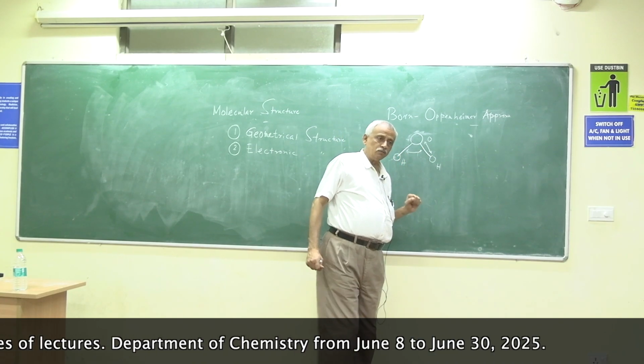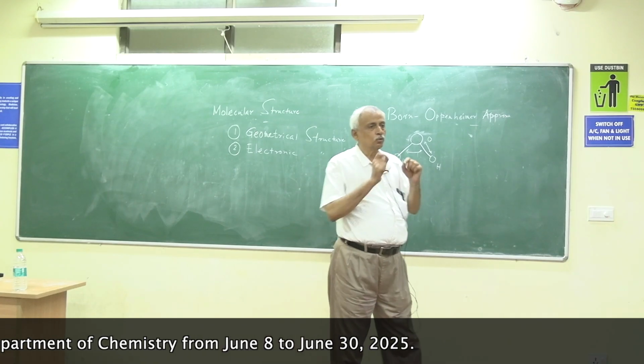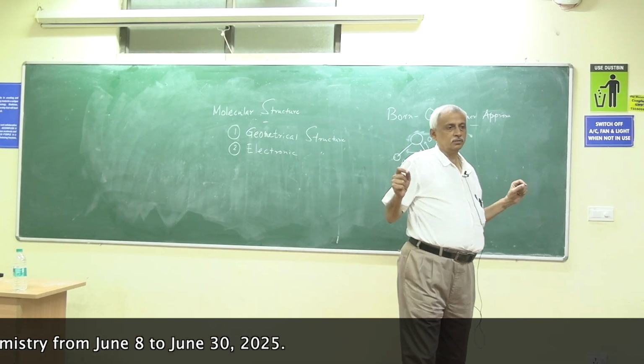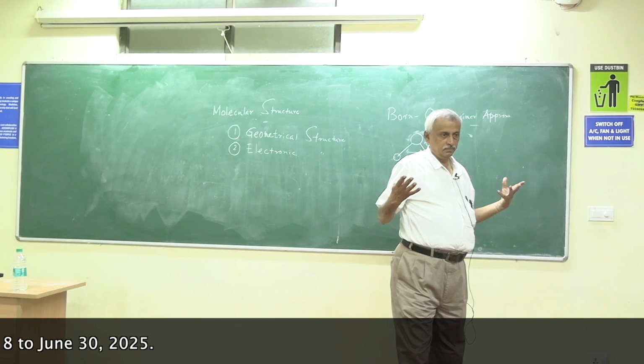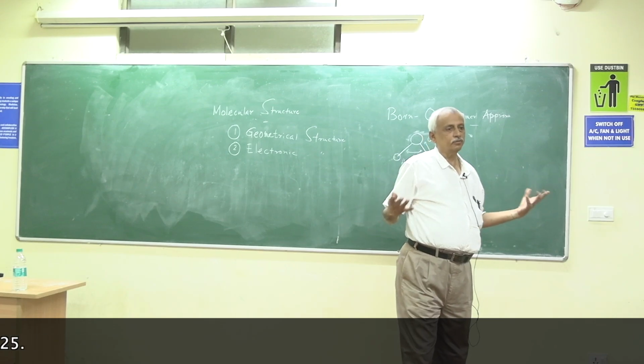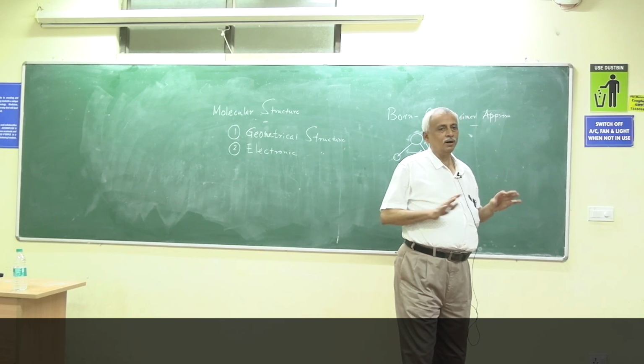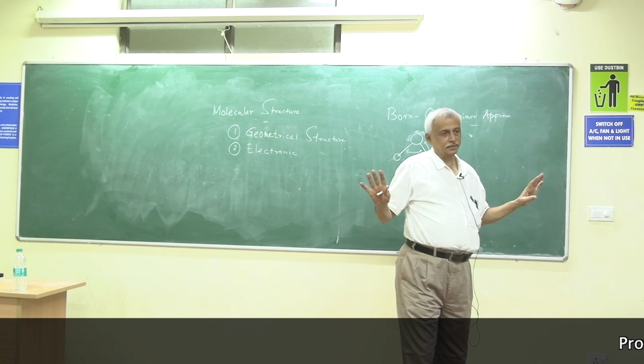Now, when we know the electrons are distributed over here, how do you represent that in quantum mechanics? If you know the coordinates of the electrons, you can define a function, the electronic wave function, that will tell you how the electrons are distributed over space.